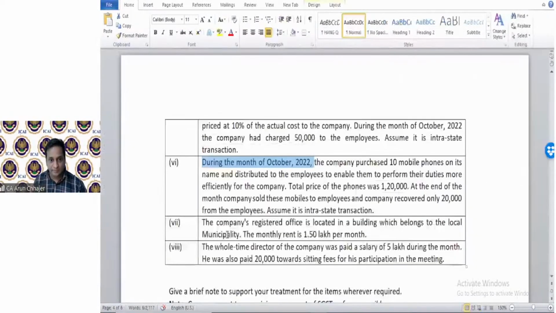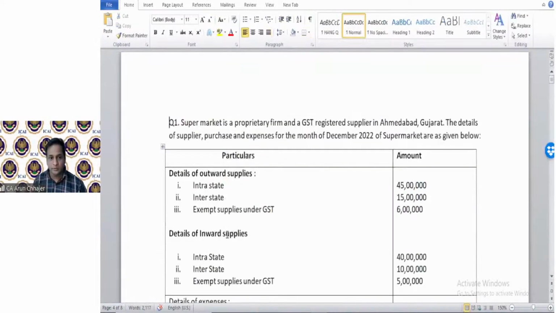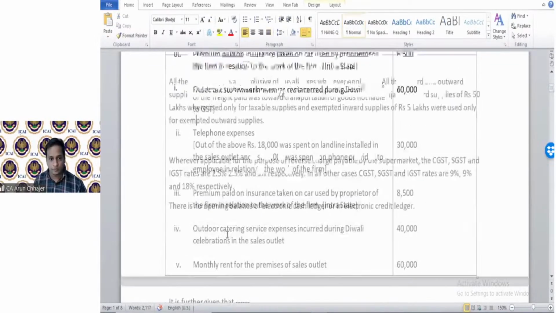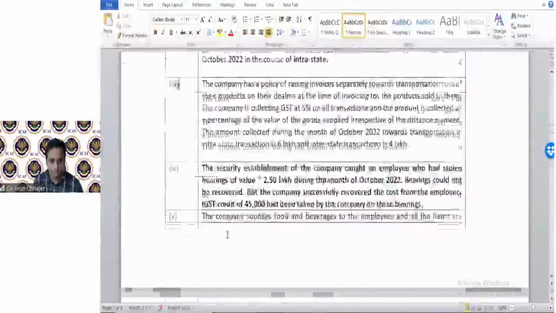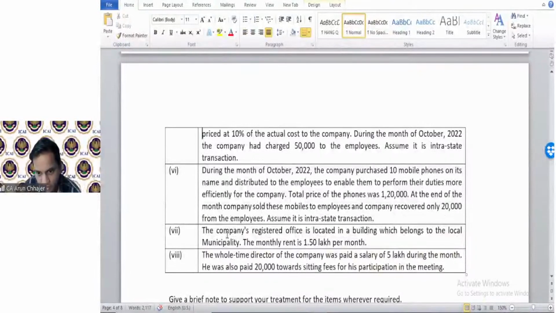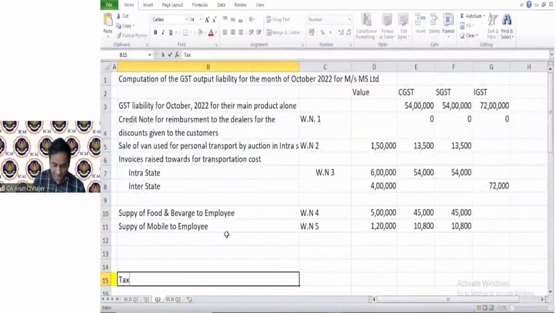What is the next para? The company's registered office is located here. The point is tax liability under RCM. So tax liability under RCM.